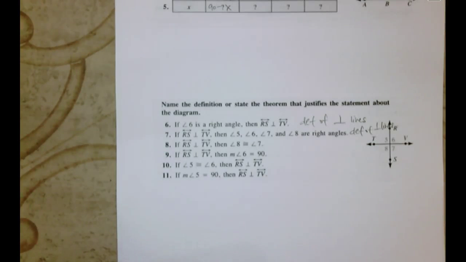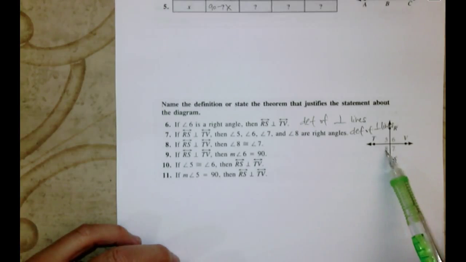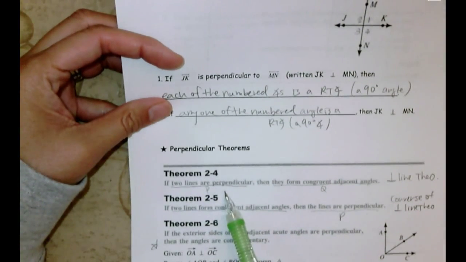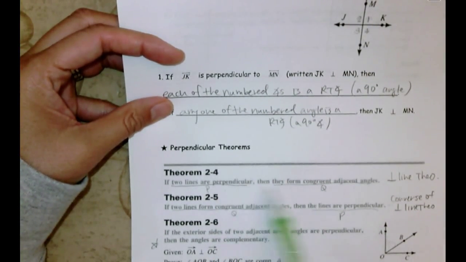So now we are talking about congruent instead of 90 degrees, and also these are adjacent angles. So it's one of the theorems. And is it the theorem or the converse? Let's look back at this page. Okay, so if you go from the perpendicular lines to the congruent angles, that's a theorem.